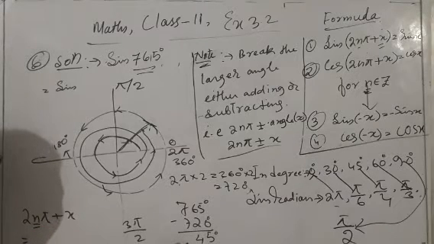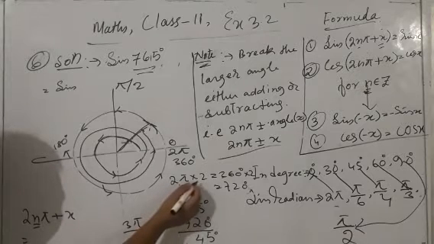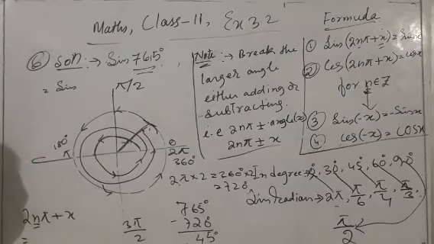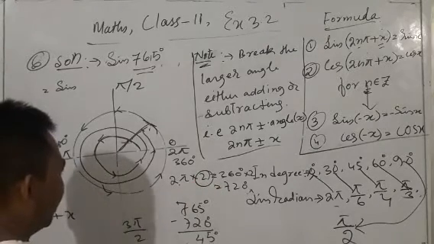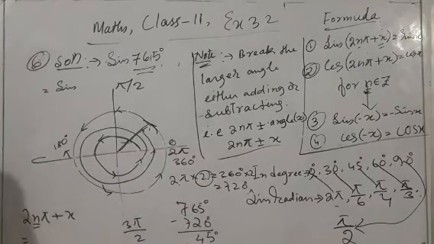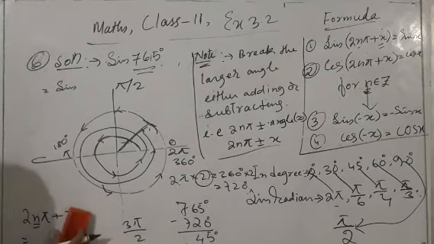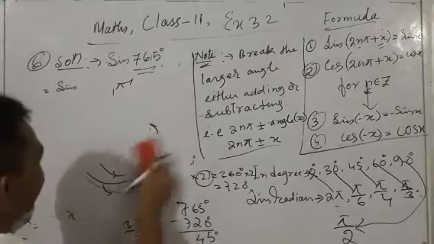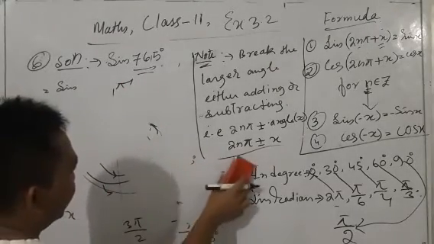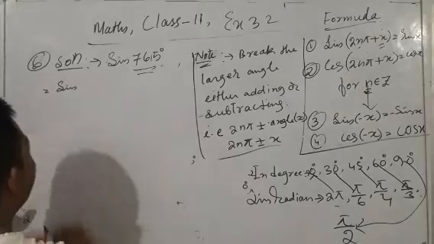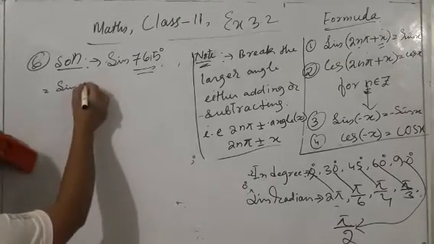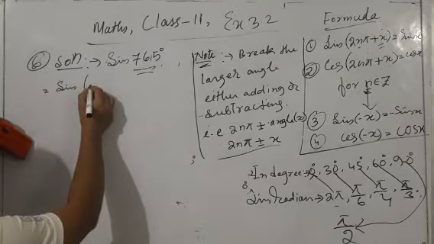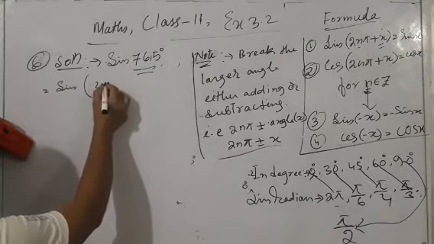So how many rotations are there? Two rotations, yes or no? Okay, fine. I hope you understood. Let us break the larger angle again. So it will be sine of 4 pi.